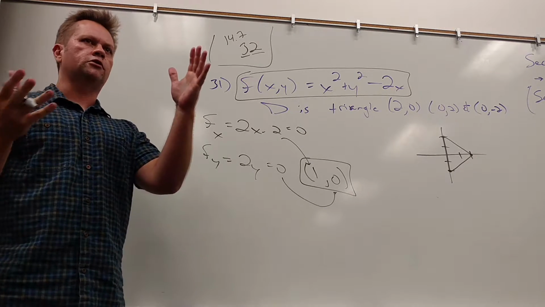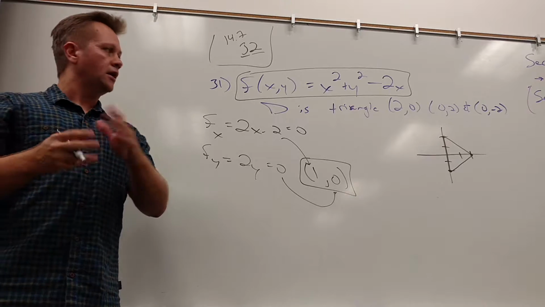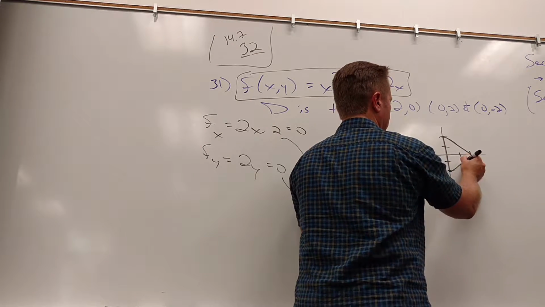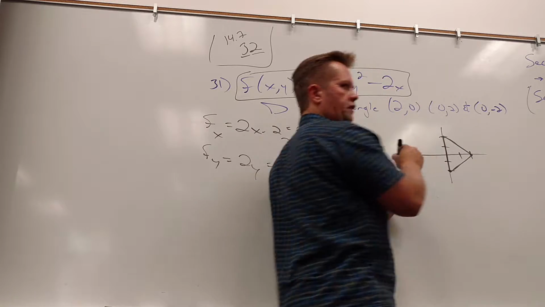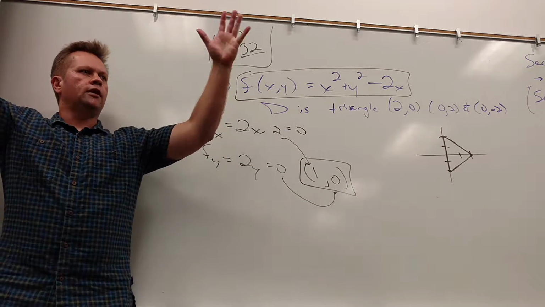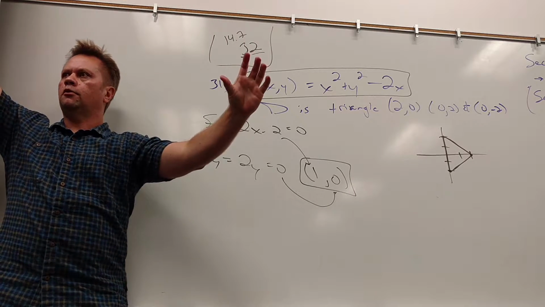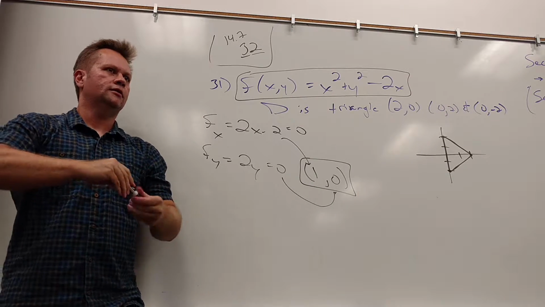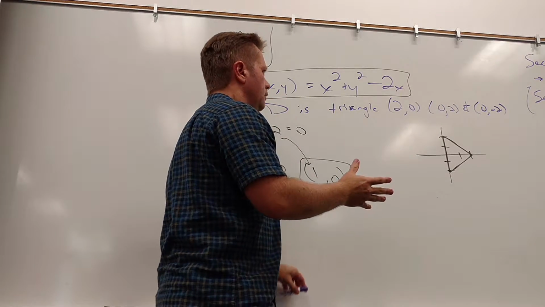The critical points are always a candidate, but the other candidates are all the points on these lines. Those are all of the endpoints. In 2 dimensions, in Math 180, we only had 2 endpoints. Now I have an infinite number of endpoints. Thankfully, I don't have to plug them all in.